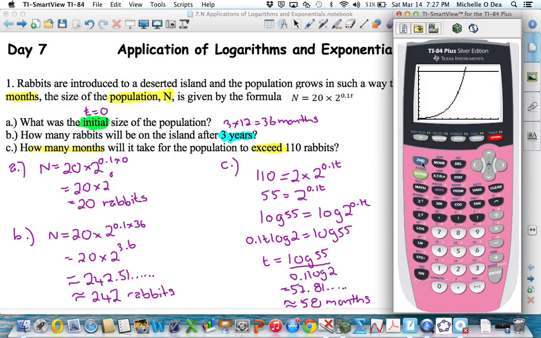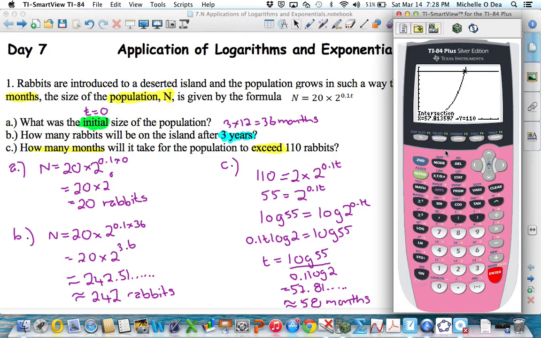So now I want to find their point of intersection. So I go second trace. I want intersect. So I just choose number 5. And then just follow the prompts. It's on one of the curves. It doesn't matter which one's the first curve. Jumps to the second curve. Yep. Have a guess. Now you don't actually have to have a guess. If you want, you can put the point reasonably close. Press enter.